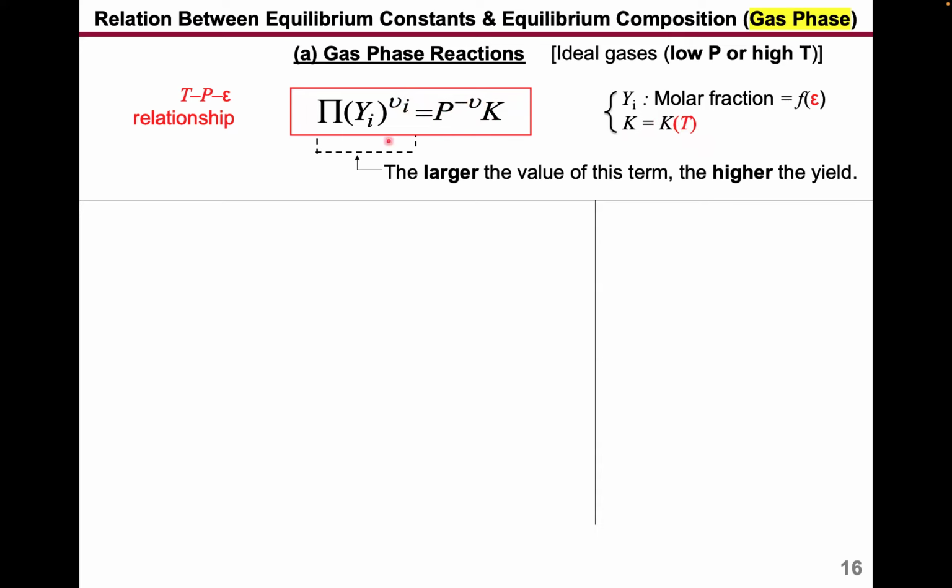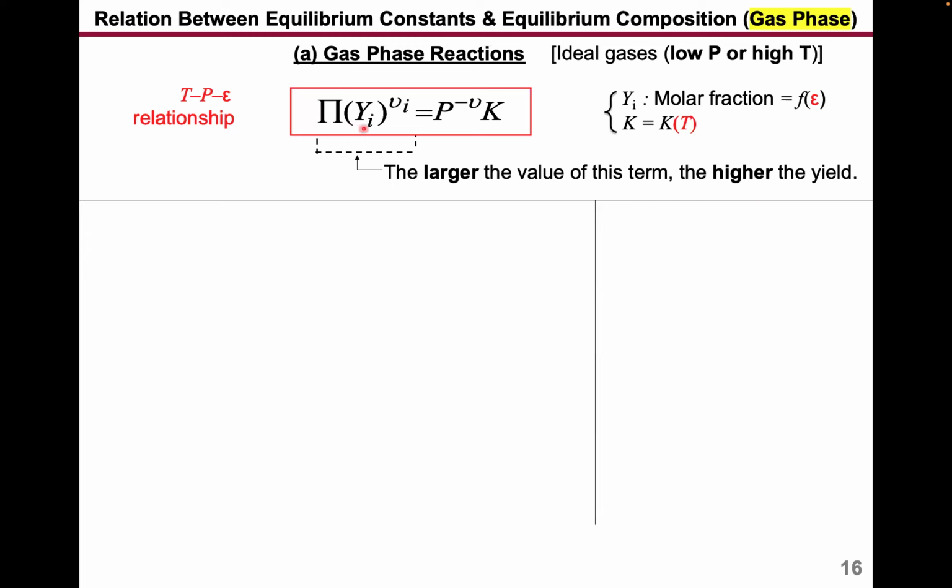So in the end, this equation is basically a correlation between temperature, reaction coordinate, and pressure, and v_i and v are just constants. Now, when you think about equilibrium composition, if we are talking about the reaction, the more product we have, the higher the yield.